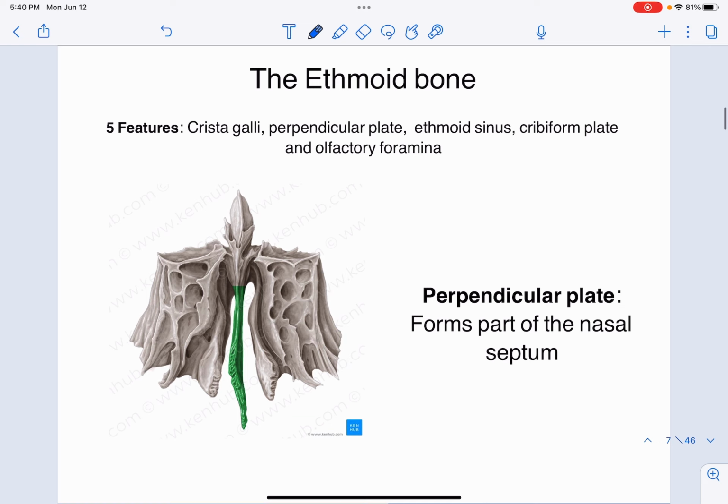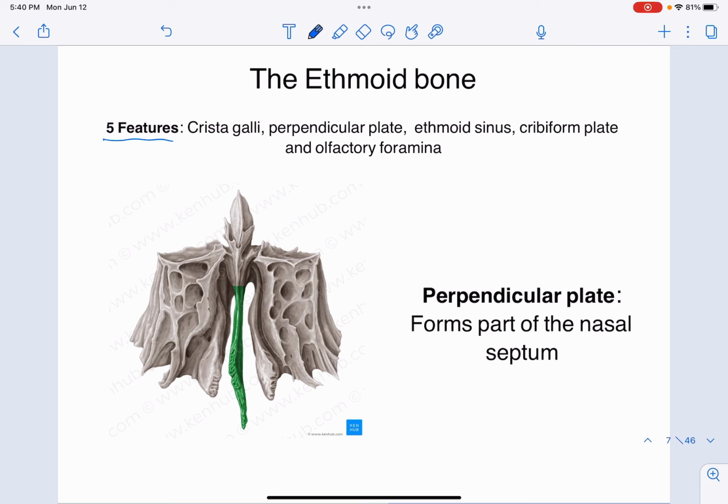Each slide, as I work through this, will highlight the features that I want you to know. And then I have a series of slides pointing to where those features are. But it is critical to sit down in lab and actually find them with your hands and your eyes and touch them.